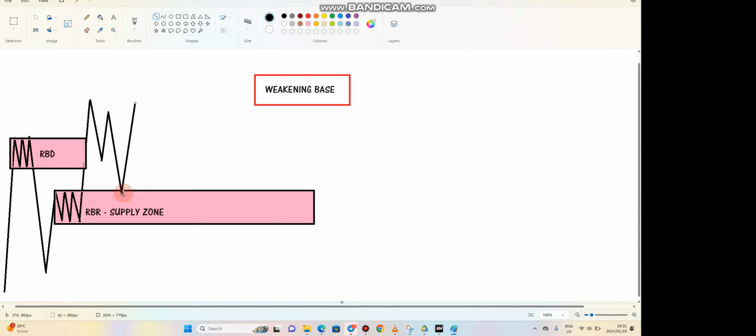For the first time you can execute your buys, but when the market comes back for the second time around the very same area and taps in on the zone again, on the very same base, according to the books and PDFs that are all over Google, they will tell you the reason price keeps on bouncing on that level is because the level is strong, which is very wrong.